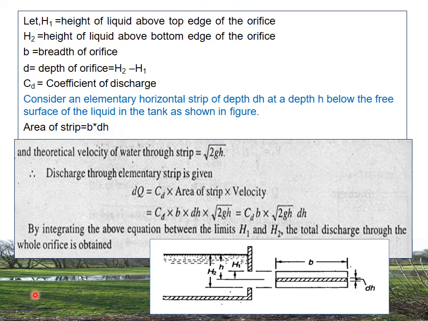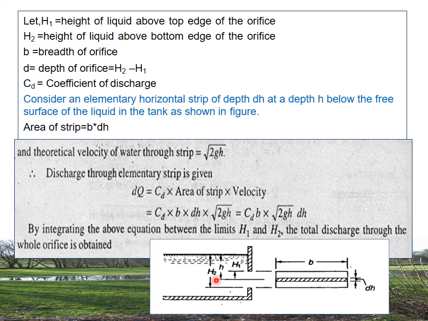The theoretical velocity through the strip is square root of 2gh, and the discharge through the elementary strip is dQ equals coefficient of discharge into area of strip into velocity, that is Cd into B dH into square root of 2gh.